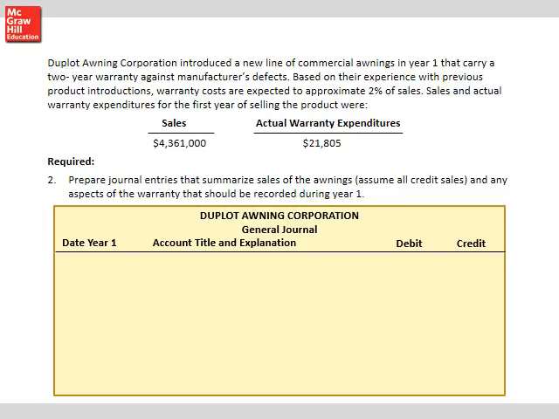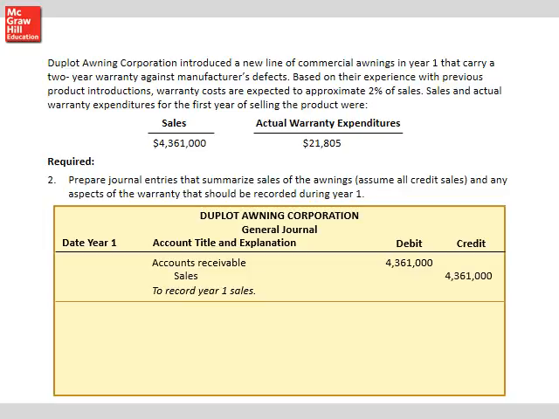They were all credit sales for $4,361,000, and we're going to credit sales revenue for the same amount. Okay, but then we have to take into account the warranty expense. We're going to have the warranty expense that we recognize at the time of sale, and then we're going to have to take care of the warranty claims that were actually processed.